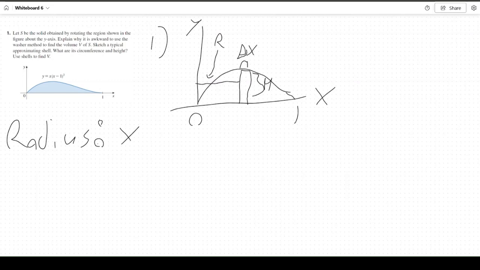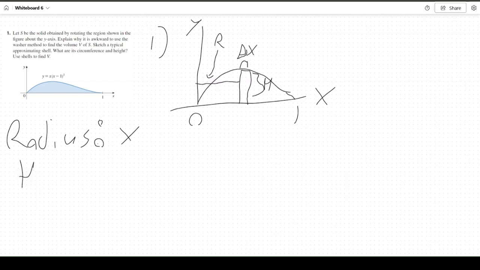At this point, it doesn't matter where it's going. It just knows that it's in terms of x, because it's in the x-axis direction. So the radius will be equal to x.